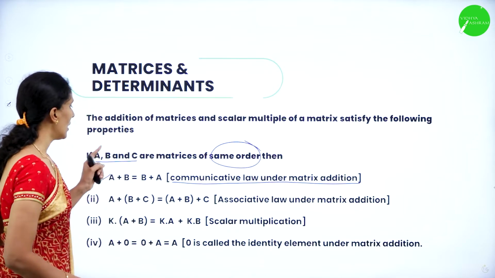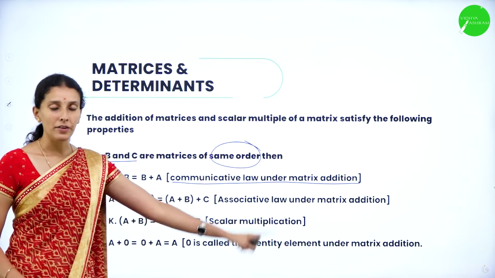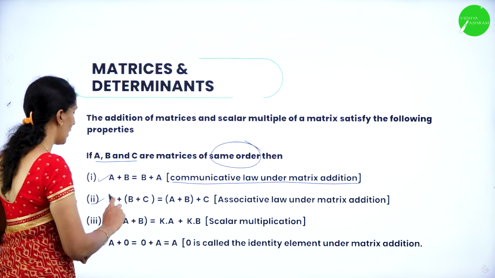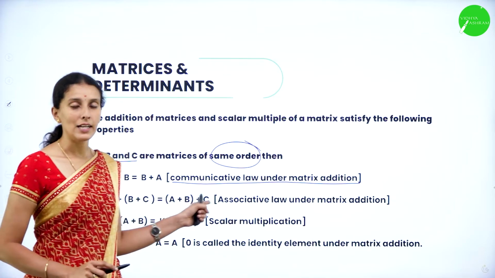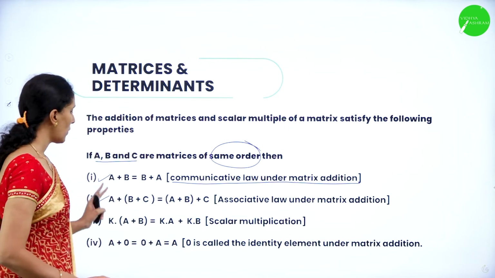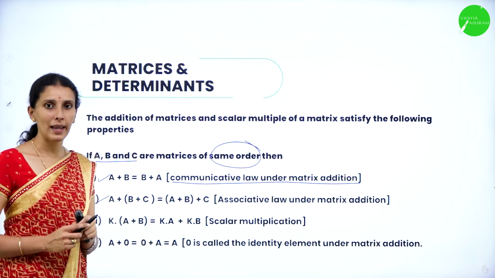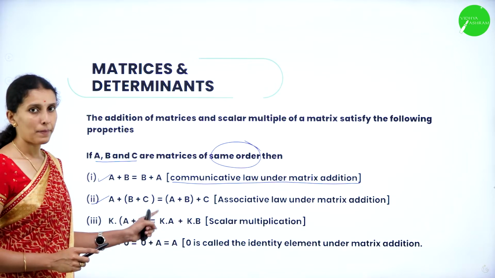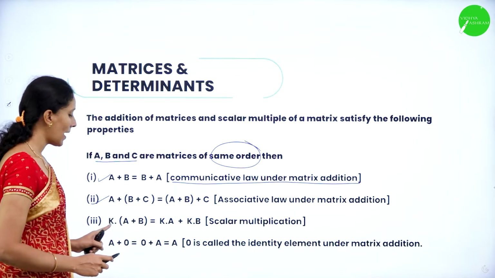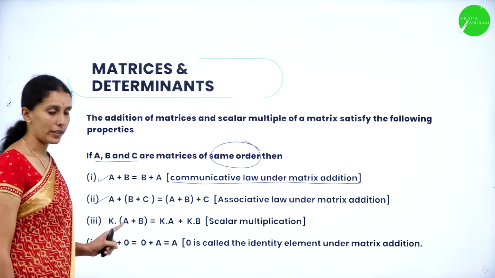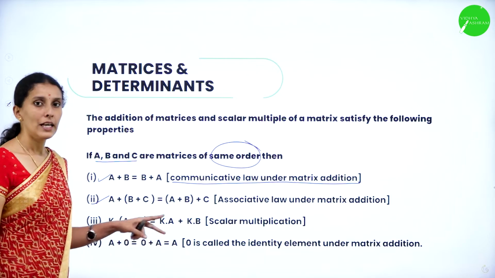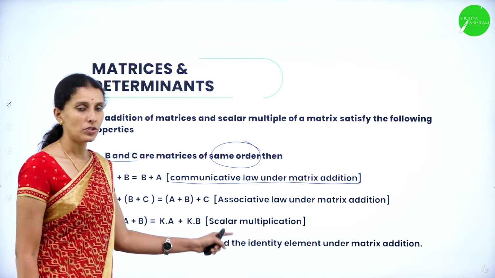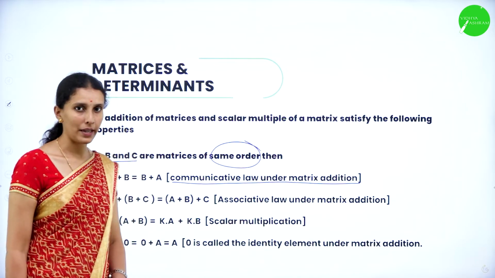That is why the commutative law under matrix addition holds good. It also satisfies the associative property between any three matrices of the same order. Next, when you have the matrix A plus B and you are multiplying any scalar quantity k to it, k into A plus B is also equal to kA plus kB, which is the scalar multiplication.